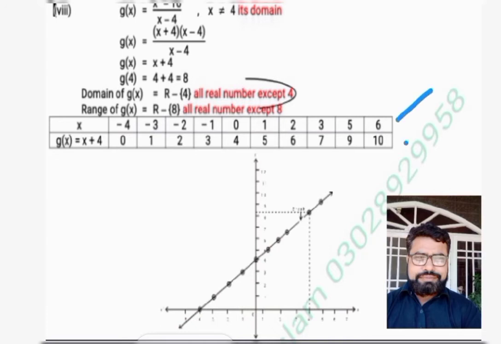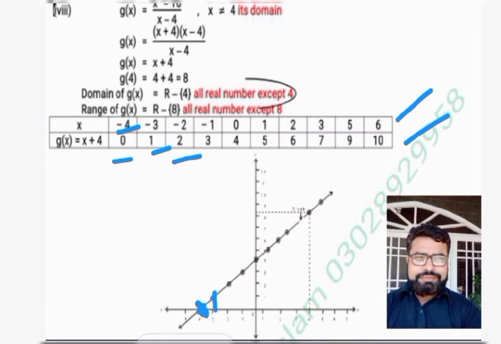these are domain and these are range, so we will plot these values. At minus 4, the value of x is minus 4 and the value of y is 0. Here the value of y is 0, at the x-axis the value of y is 0. At minus 3 it is 1, so we have plotted a point here.